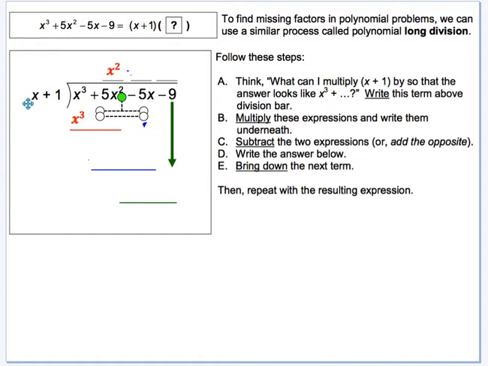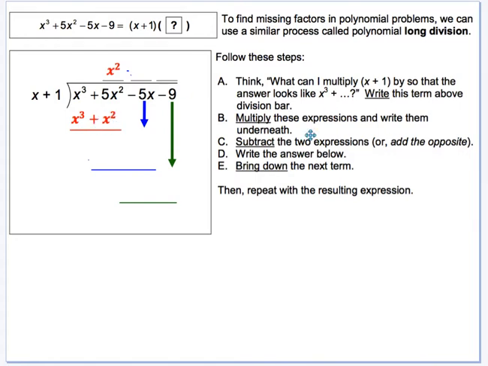So notice we're multiplying both x and 1 by x squared. So very similar to our long division with our other numbers, but because we have two terms here, you're going to have to multiply both terms by whatever you have up here. So because you're multiplying this by x squared, you have x cubed plus x squared.